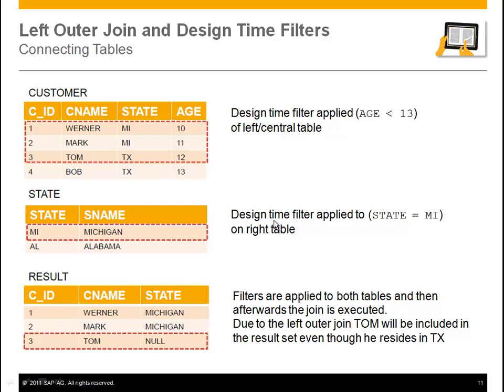But because this is a left outer join, you will see everything from the left table, which is the customer table over here. So you will get these 3 records, although for Tom we do not have information about this state, because that state information does not exist in the filtered values of the state table.